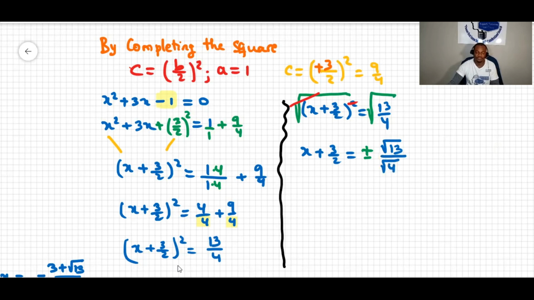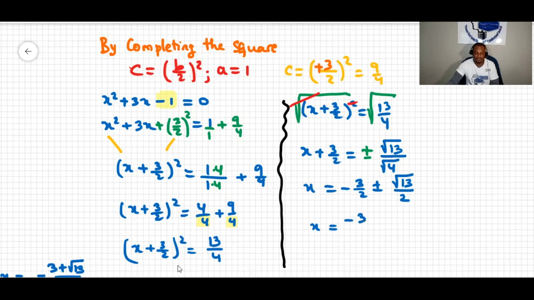Now, if I move the 3 over 2 over, that makes x equal to negative 3 over 2 plus or minus square root of 13 over 2. 13 is a prime number, so the square root of 13 will stay as it is. Now, this is basically what we find by using the quadratic formula. We can combine the fractions because the denominators are common.